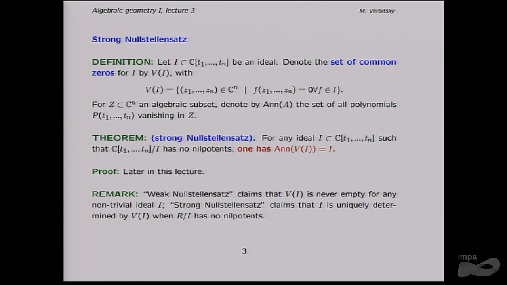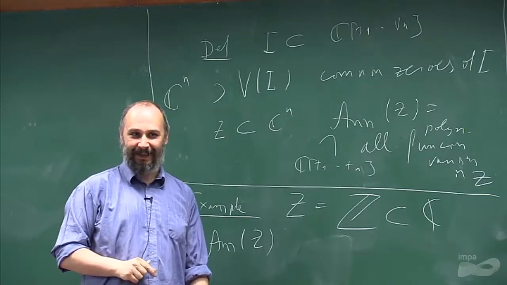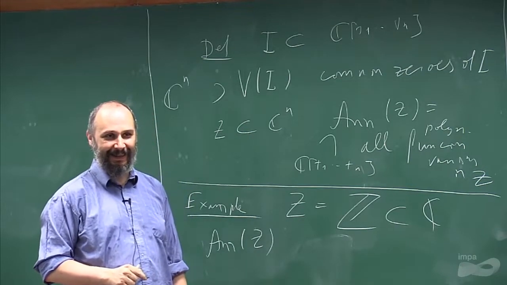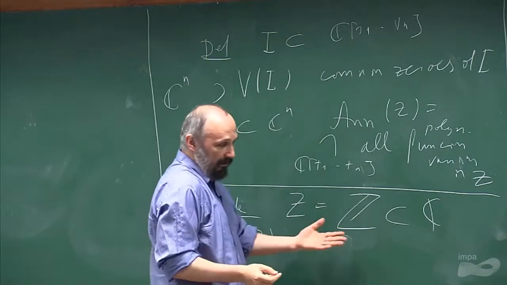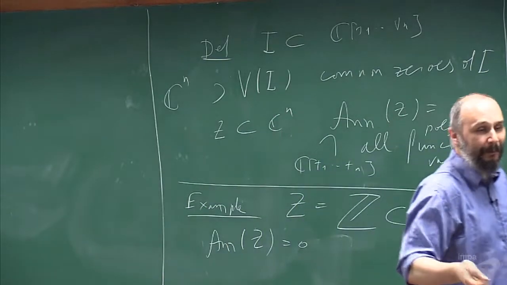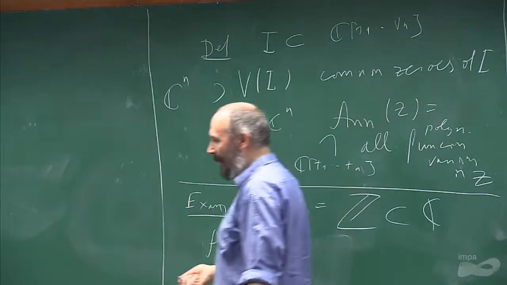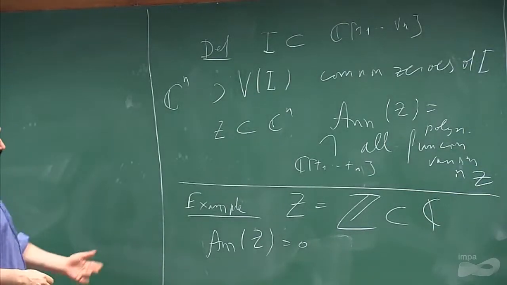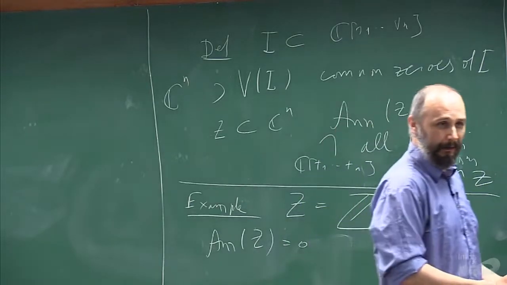Because you want all functions vanishing on all of Z, in all these sets, so it's only integers. The annihilator is 0, right? Because if you have a polynomial which has infinitely many zeros, it is 0. So you see, generally speaking, you cannot recover Z from the annihilator.